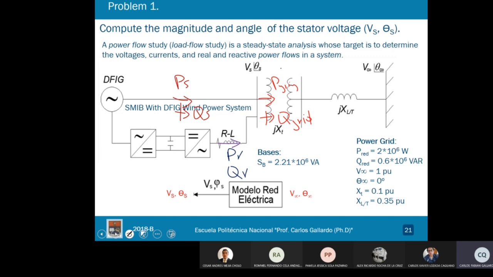So the power grid is equal to the stator active power plus the rotor active power. The reactive power grid is equal to the stator reactive power and the rotor reactive power.